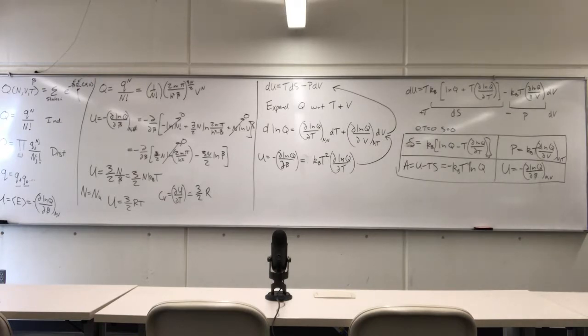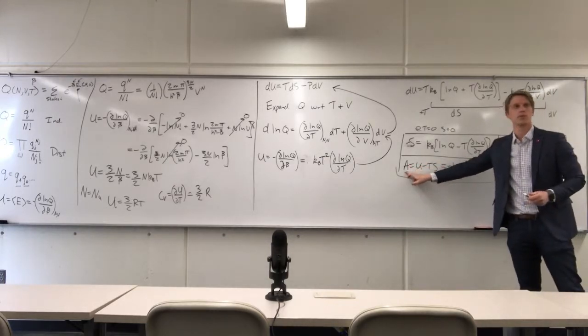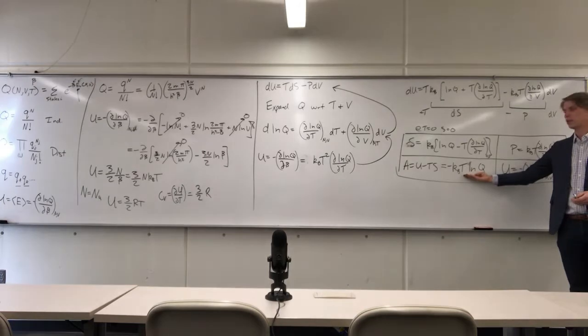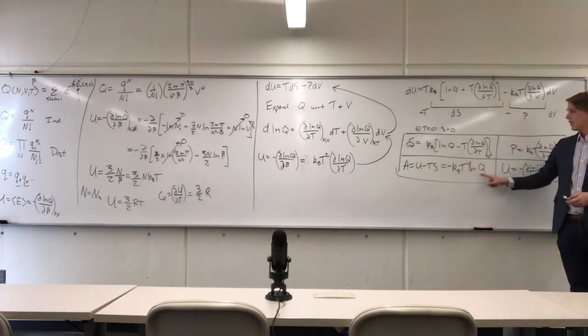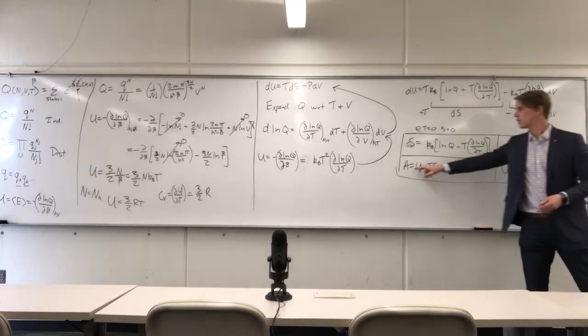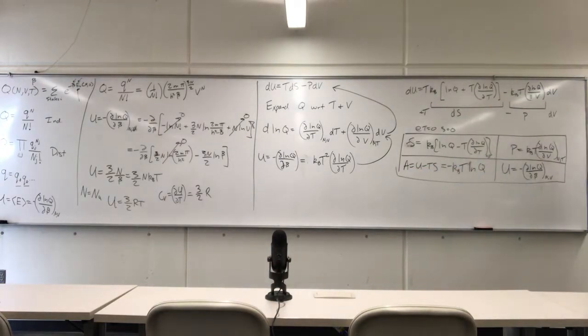The canonical partition function, NVT, has exactly the native variables, the most convenient variables, for the Helmholtz energy. And it gives us an intuitive conclusion, that the partition function in the canonical ensemble is directly related to the Helmholtz free energy. We can still calculate the other thermodynamic functions, but it's a little bit more cumbersome.